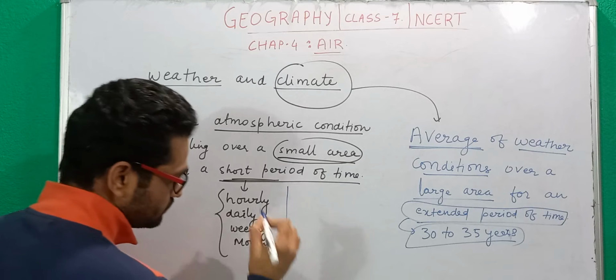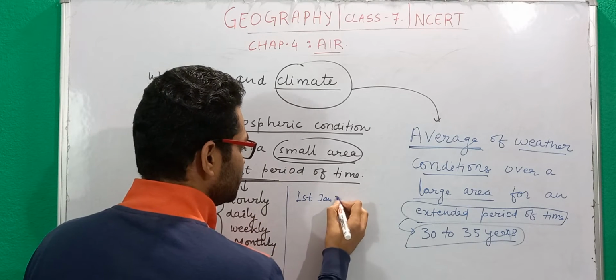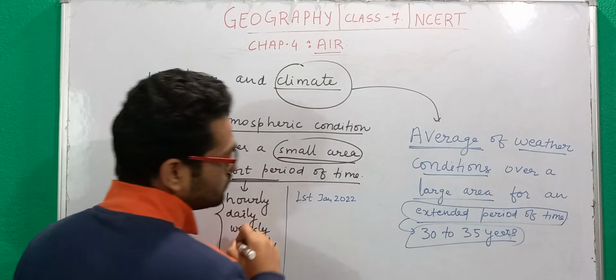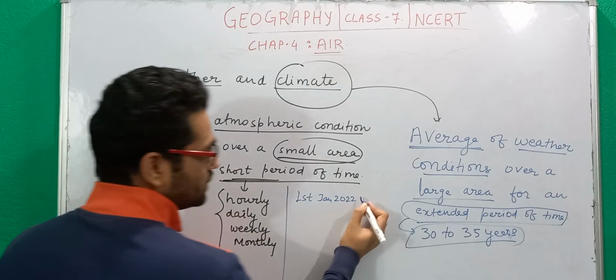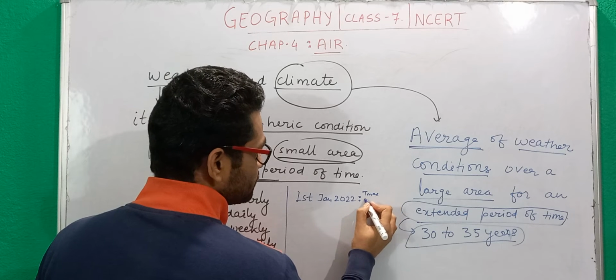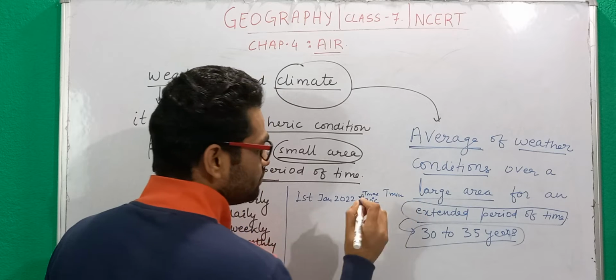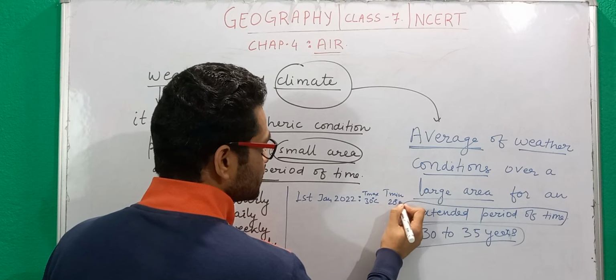Suppose on 1st January 2023, 2022, the upcoming year, you have maximum temperature, suppose 30 degrees Celsius. The minimum temperature is suppose 20 degrees Celsius.